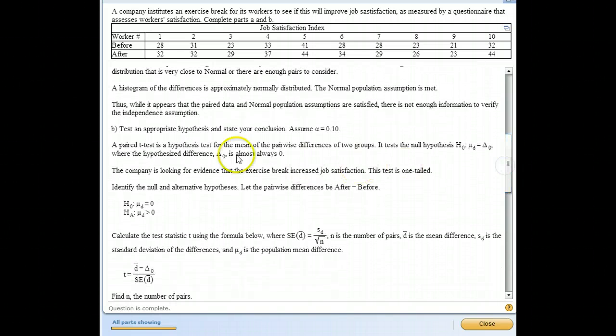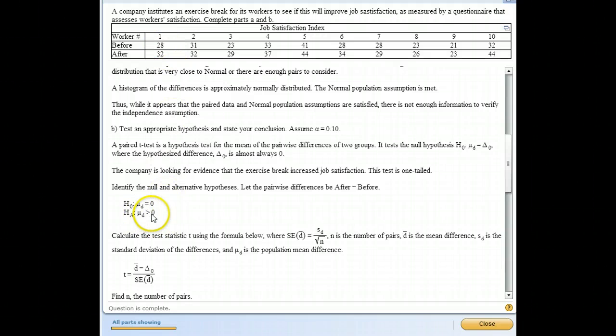The second part, we're wanting to test an appropriate hypothesis. Now, the null hypothesis is clearly that the difference is 0, and the alternative hypothesis, since we want to make sure that the after is greater than the before, that's the only difference we're interested in.